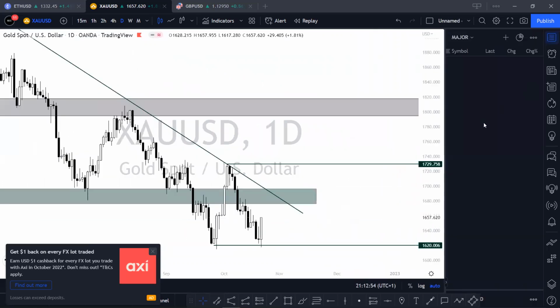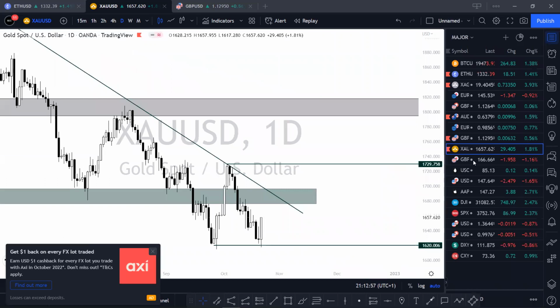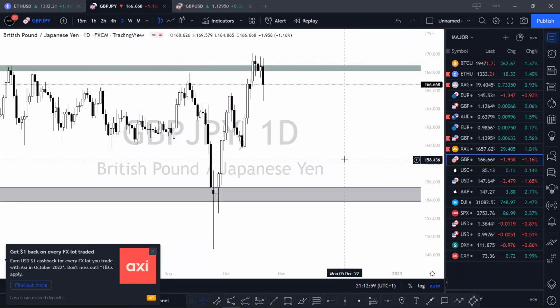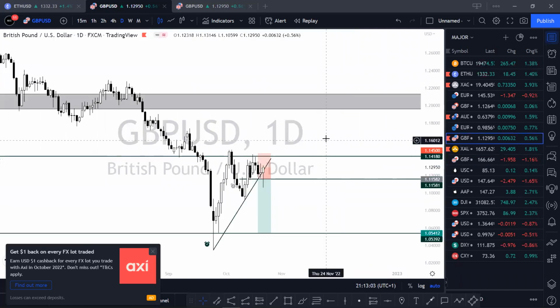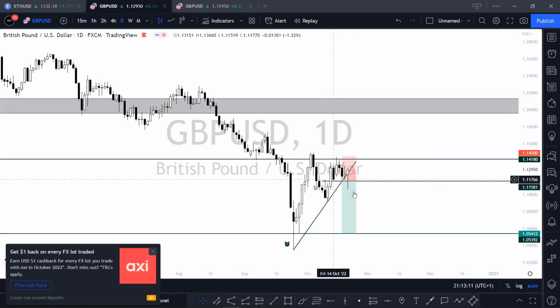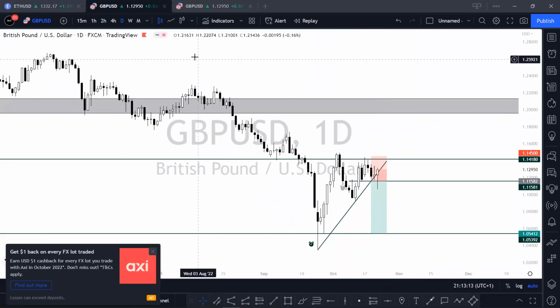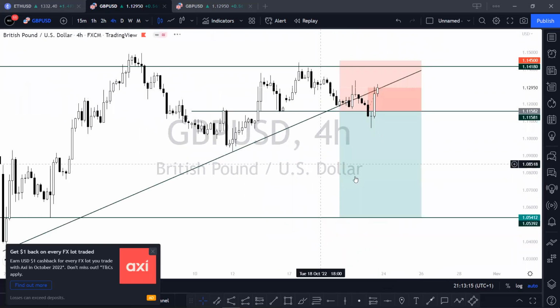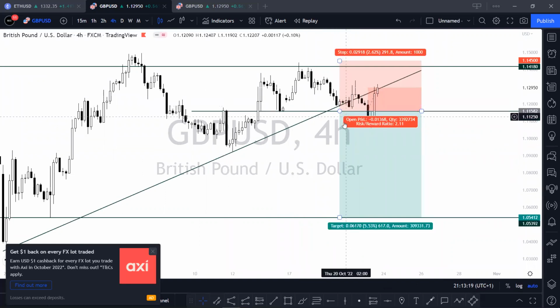Then going to Pound USD. Pound USD, same. I took this trade. My analysis for the trade was for a sell, to enter the trade around the break of this line.